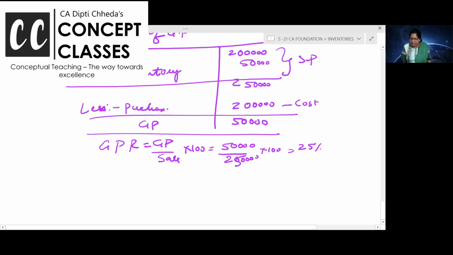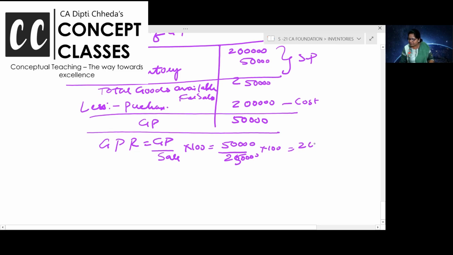Whatever is purchased, everything is sold. Total goods available for sale. ऐसे लिखो. Available for sale. 50,000 is the profit for 250. So that is coming to 20%. Nice and clear.